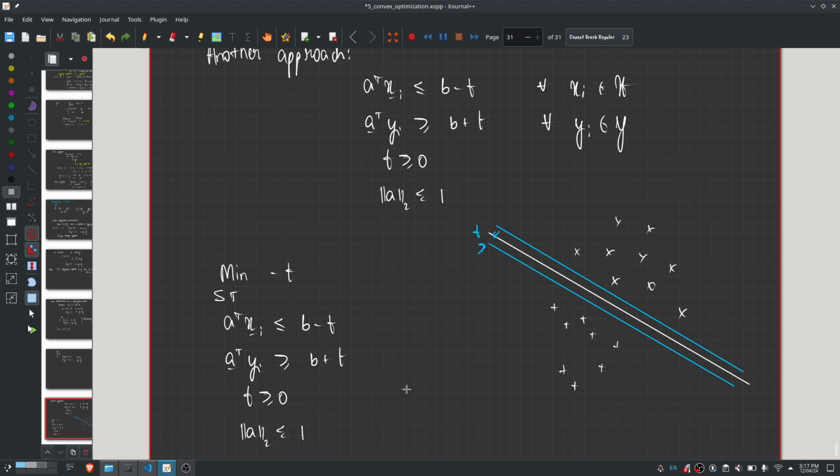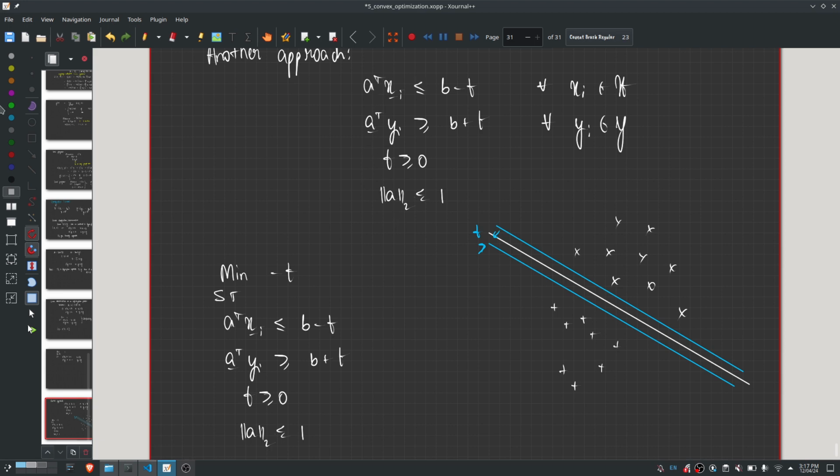Otherwise, this t gets shrunk. Because if I don't impose a constraint on the norm, then I could scale a and b up by some amount.